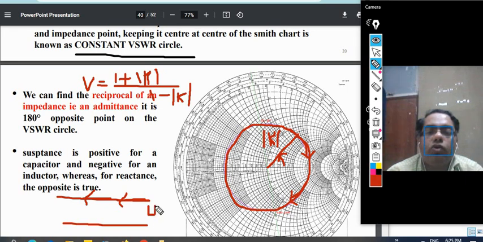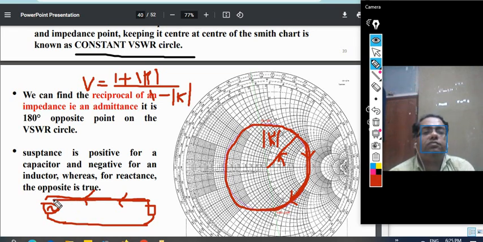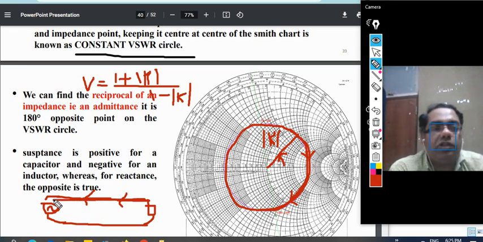Suppose this is my load and this is my generator. If we are moving clockwise, we are moving towards the generator. This point has to be kept in mind.